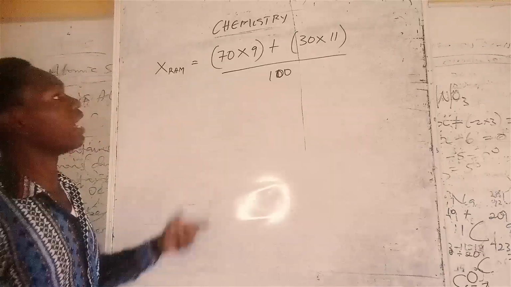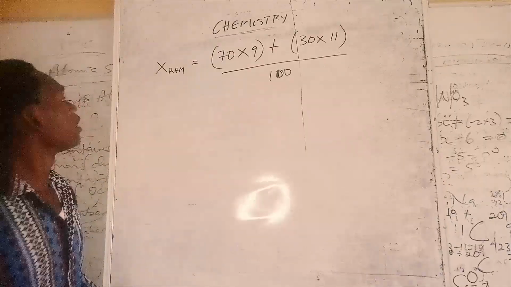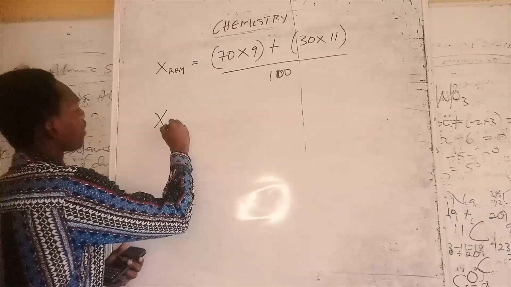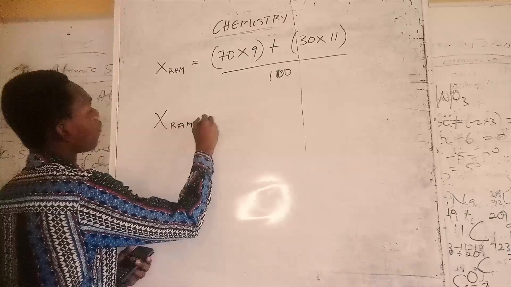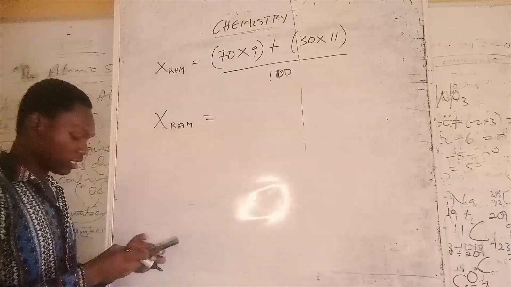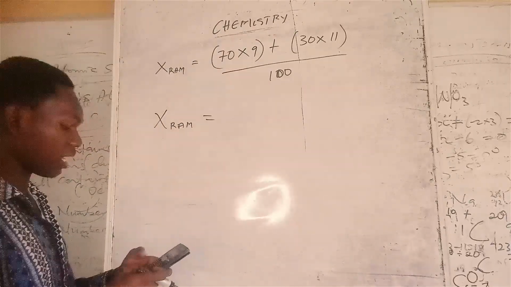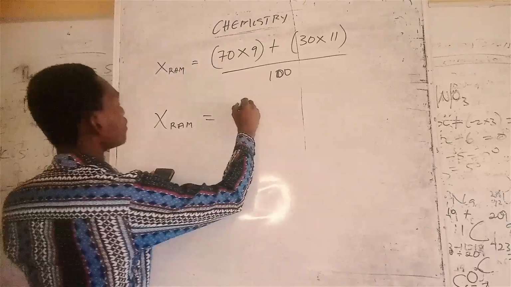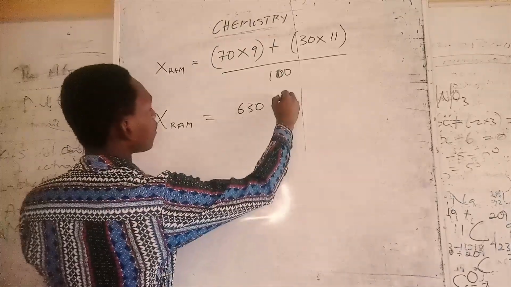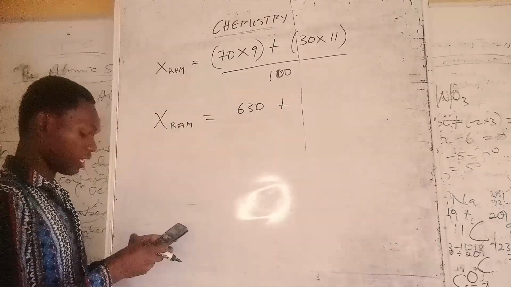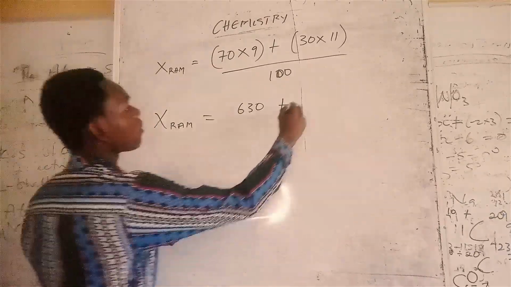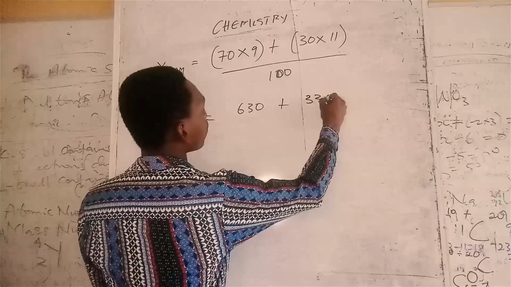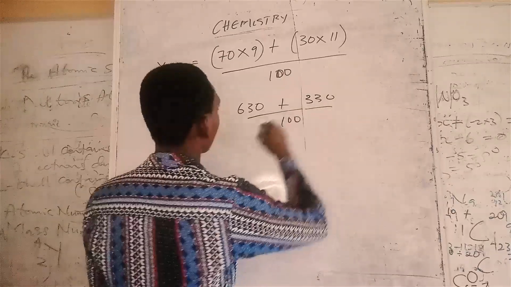Now let's simply calculate that. The relative atomic mass of X will be 70 times 9, which gives us 630, plus 30 times 11, which gives us 330, all over 100.